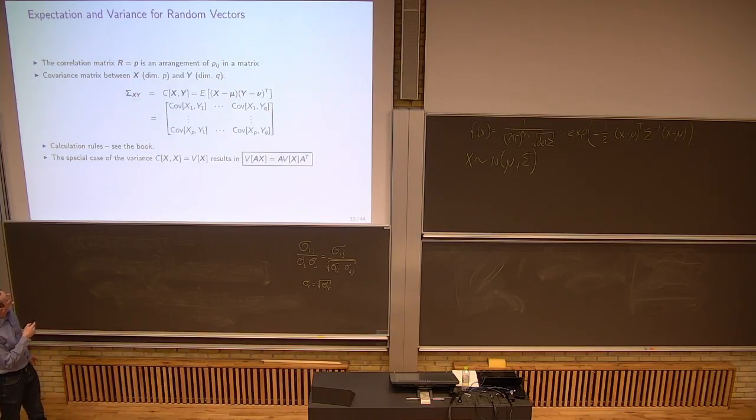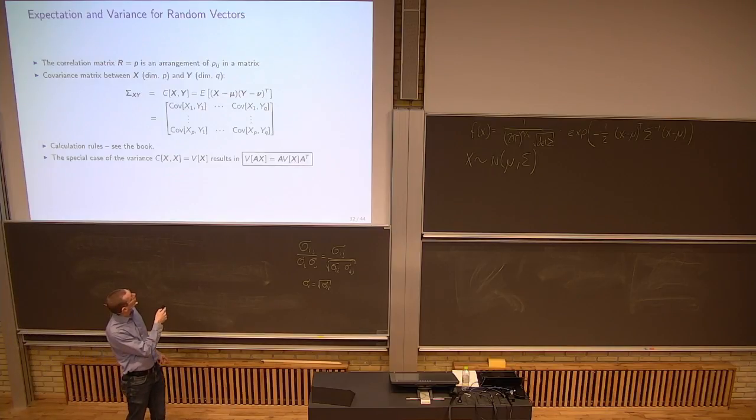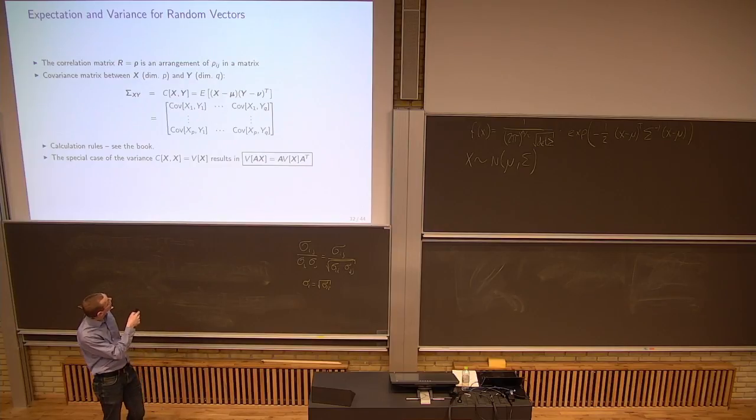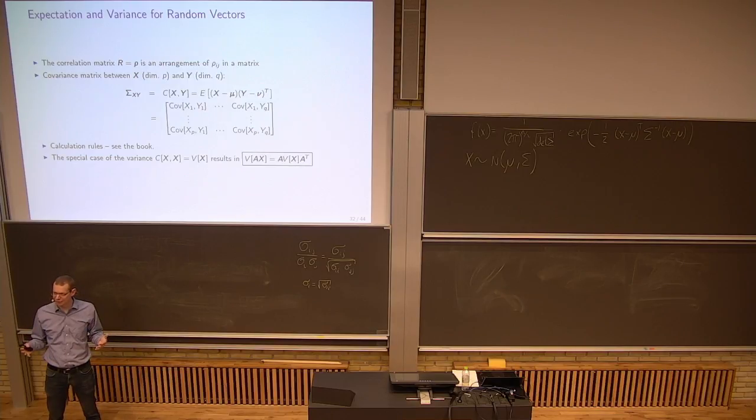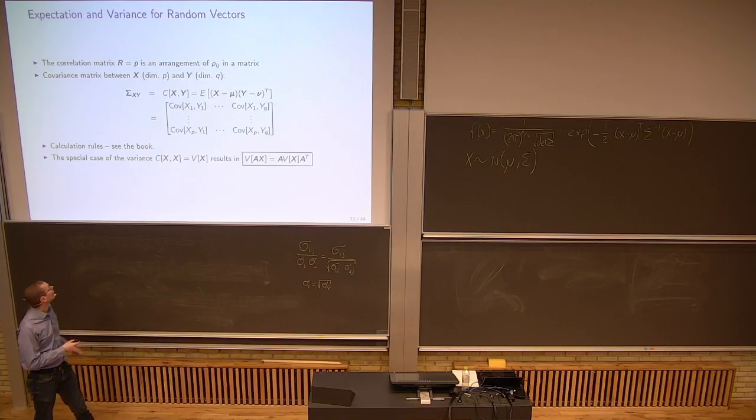But now, if you take the covariance matrix between a random vector x and another variable that may be a vector y with different dimensions, the definition is the same. It's the outer product of the two. Then you have all the pairwise covariances between the different elements of the two vectors in the matrix that comes out.